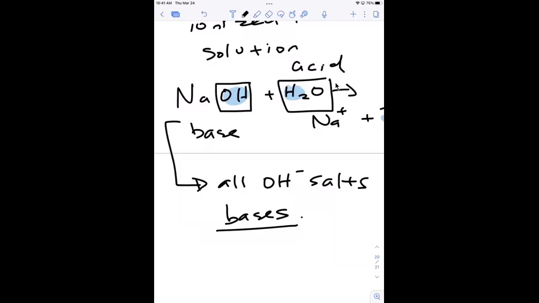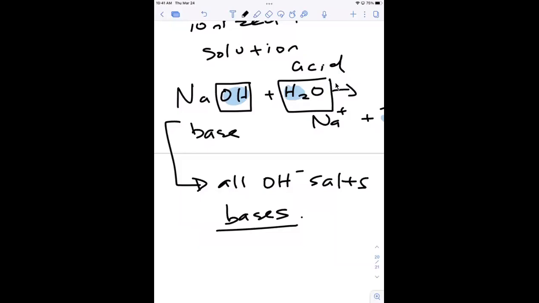So it's group 1. Group 1. Hydroxide is only soluble with group 1 elements and barium. That's it. Any other metal that it makes a salt with is going to be insoluble. So only group 1 and barium.